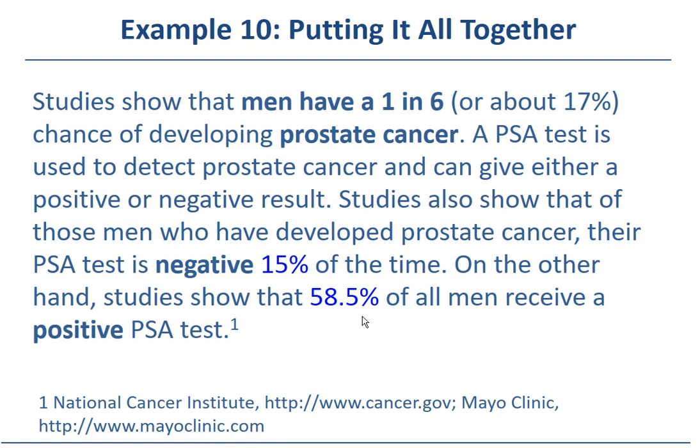So what does this mean? Well, it means that you may have a high result in your PSA test, but you don't have the cancer. So for this case, they would do like a biopsy, perhaps, and they can do other things too.